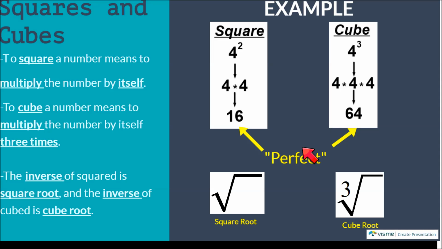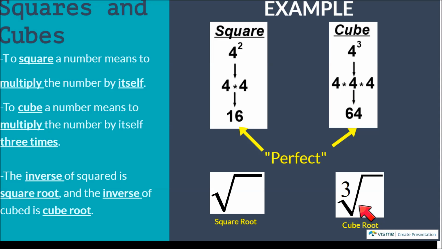Now our last section that we wrote over to the left talked about square root and cube root. We've talked a lot about inverse operations. So we know the inverse of addition is what? The inverse of multiplication is what? So we know those things. The inverse of squaring is square rooting. Everybody say square root. The inverse of cubing is cube root.